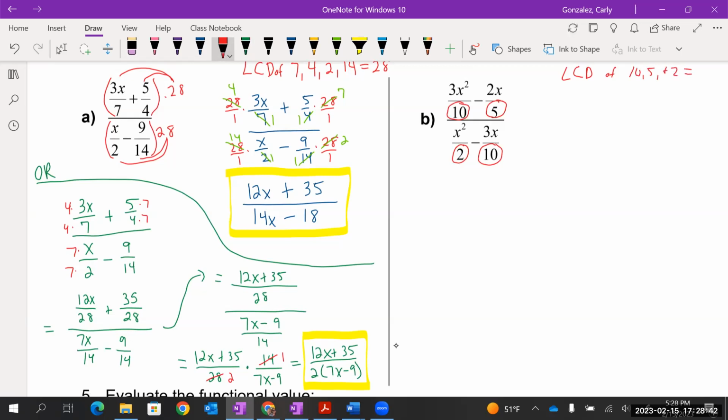And as we saw before, that common denominator is 10, since 5 and 2 both go into 10. So now I'm going to go ahead and multiply top and bottom by 10. And that's allowed because I can multiply top and bottom of that big overall fraction by 10.